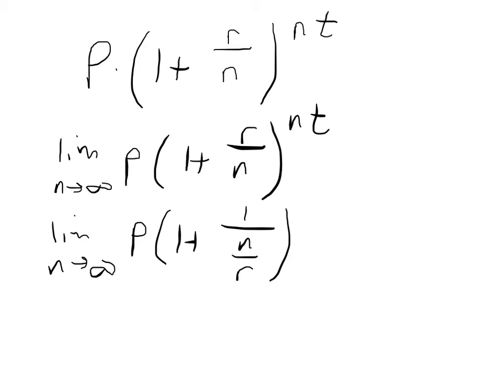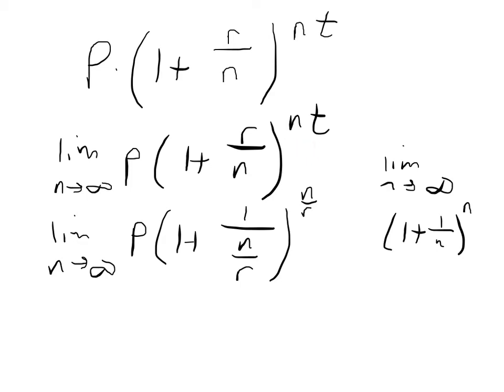We then want to match, thinking about our definition for e, which was the limit as n approaches infinity of the quantity 1 plus 1 over n raised to the n. I want to match up denominator with exponent. So to do that, I want up here an n over r, but ultimately I started with an nt.